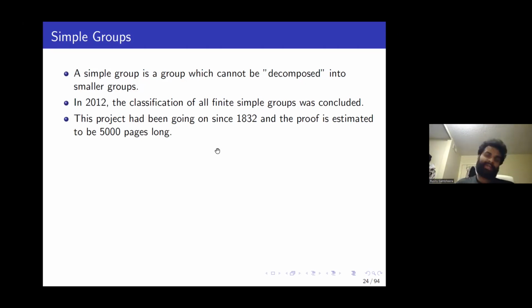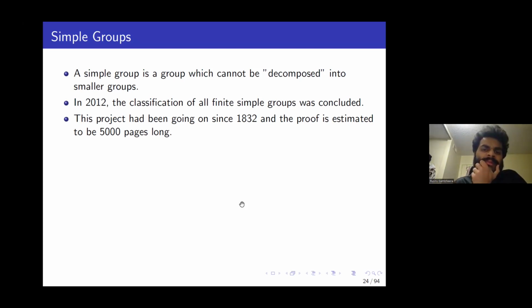It was done by hundreds of mathematicians over the course of around 200 years. Several parts of the classification theorem were proved by several mathematicians, and a lot of things happened in this area. But finally, in 2012, we won, and we now have a complete, I would say, periodic table for symmetries, right?